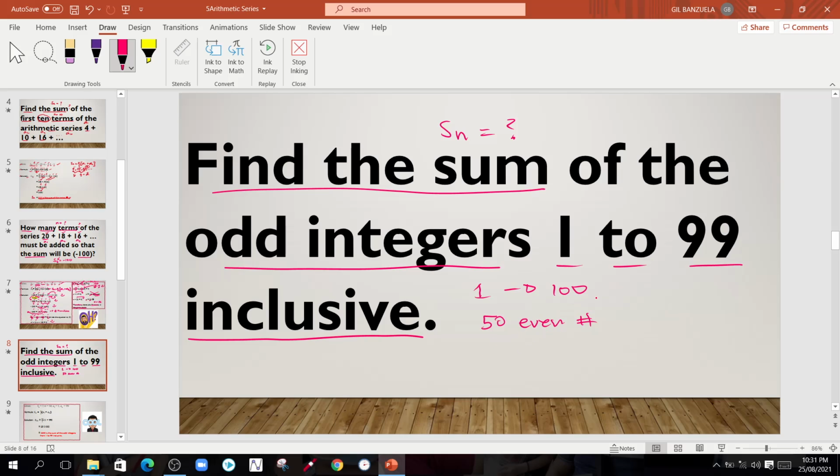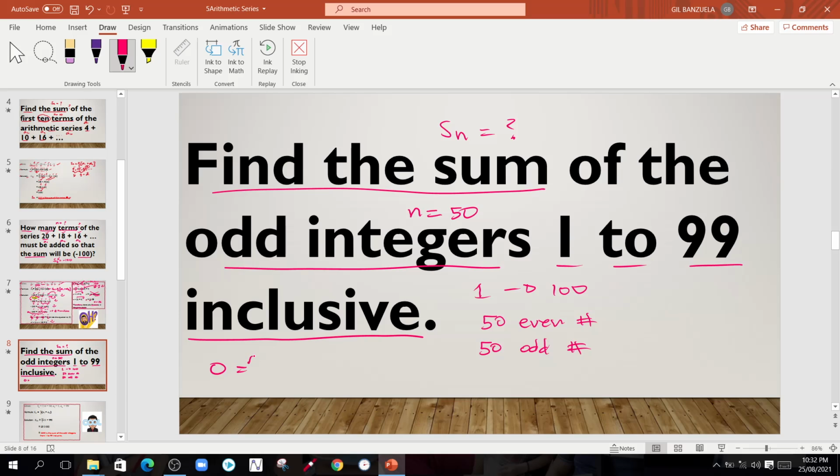And of course, since this is 1 to 100, we expect 50 odd numbers. Therefore, since we are talking about odd integers, our number of terms is 50. If you want to count them and write them in roster or listing method, you can do it this way.